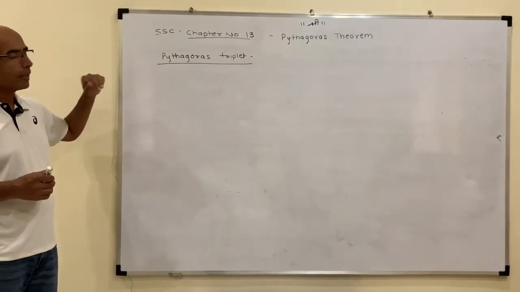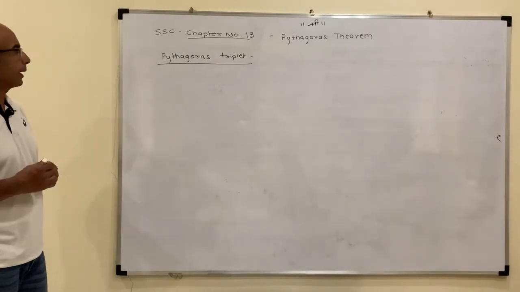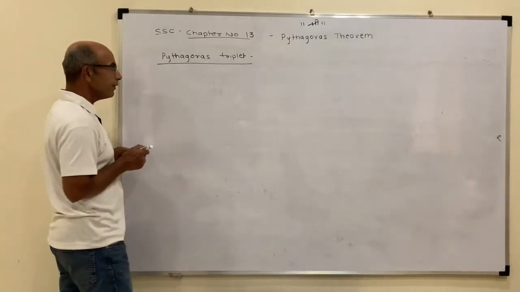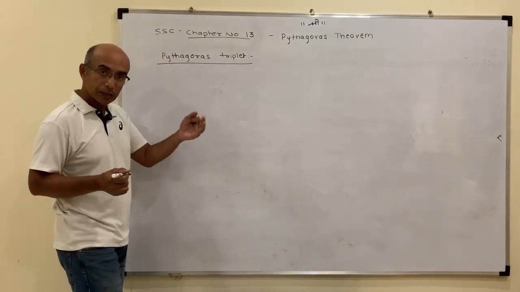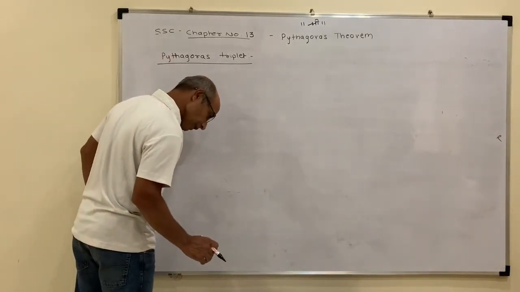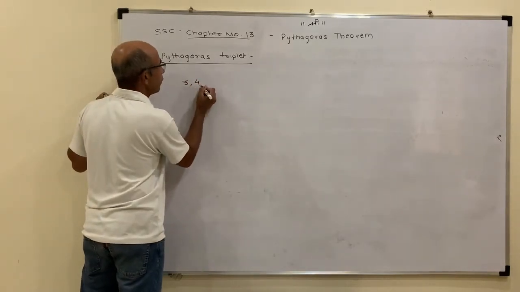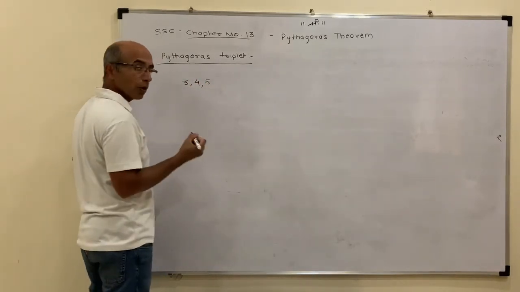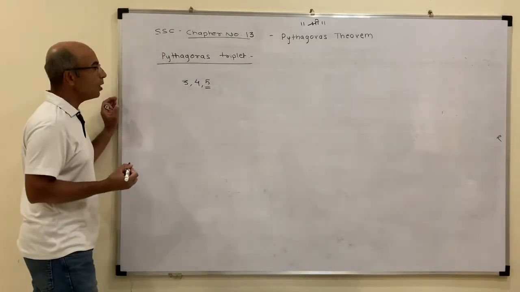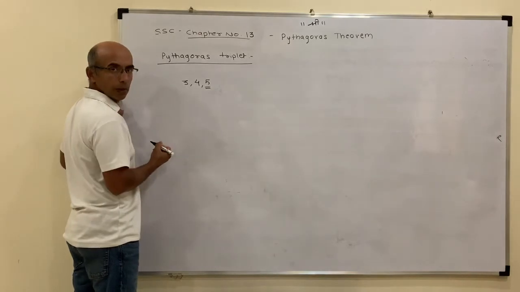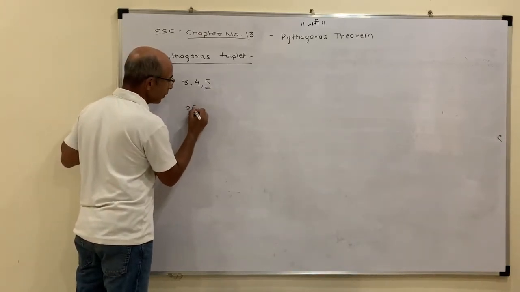A small topic within this chapter: a Pythagoras triplet. What is it? If three numbers are given to you and the square of the larger number is equal to the sum of the squares of the smaller numbers. Consider 3, 4, 5. Here the square of the larger number is 25.